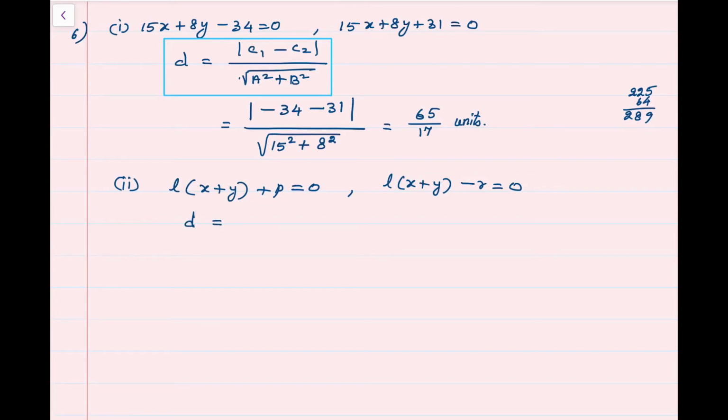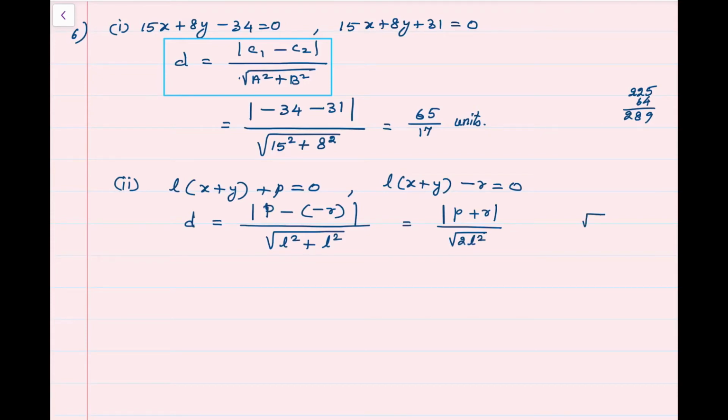D is equal to absolute value of C1 from the first line equation is p minus C2 from the second line equation is minus r, divided by square root of coefficient of x is L and coefficient of y is also L. So, L square plus L square. Absolute value of p plus r divided by root of 2L square.